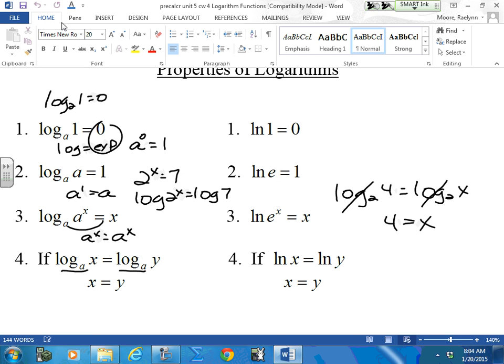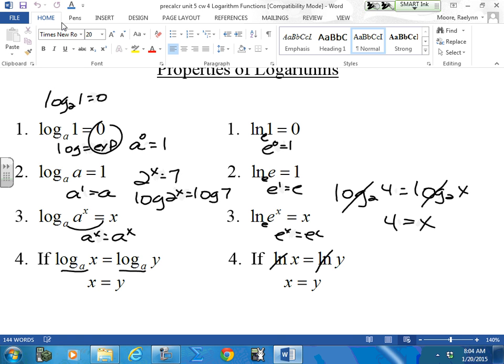Okay, now, the same holds true for the ln. The ln has a natural base of e. So I usually, if I'm going to look for these properties, I put the little base e out there, because e to the 0 is 1. E to the 1 is e. E to the x is e to the x. And the logs work the same as the ln's.